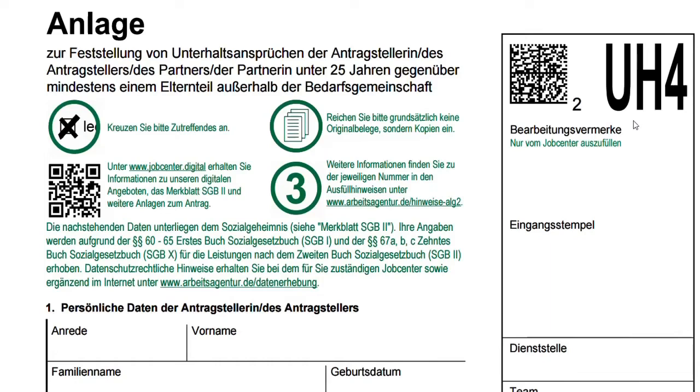But the attachment UH3 is about the persons who are under 25 years of age and not going to school or doing a vocational training or not going to university.